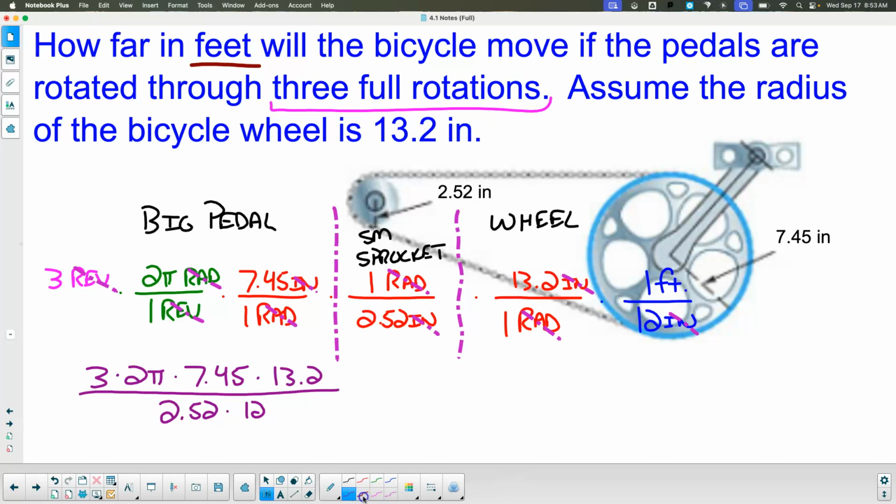So this is 61.299 inches. Oh, sorry, it's feet, yes. Feet.